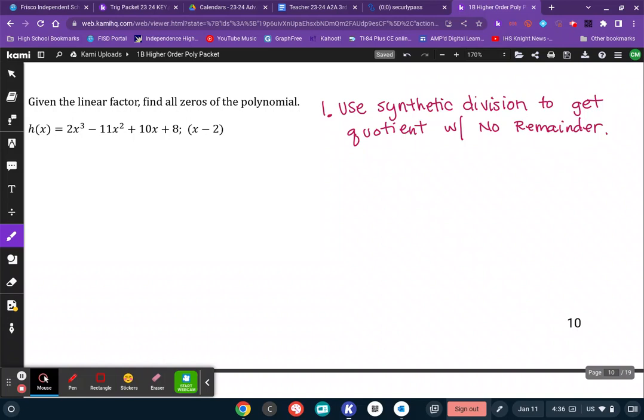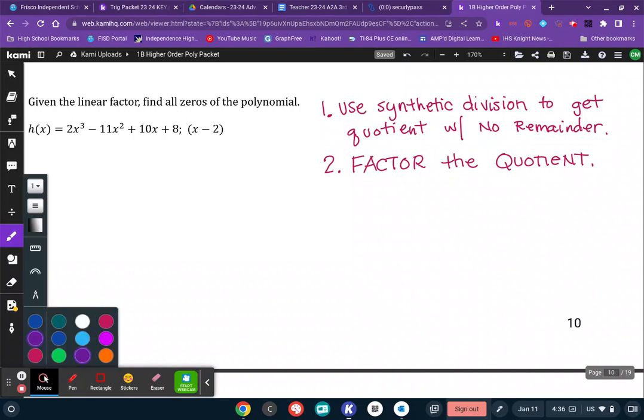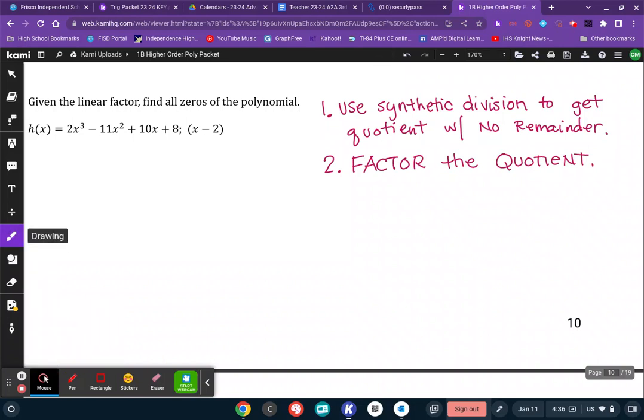If you get a remainder, then you have to stop, but you should end up getting no remainder. Then you want to use the quotient and you're going to factor it. So that's going to give us the remaining factors, and we can also make a list of the roots as well. So let's get started by setting up synthetic division.